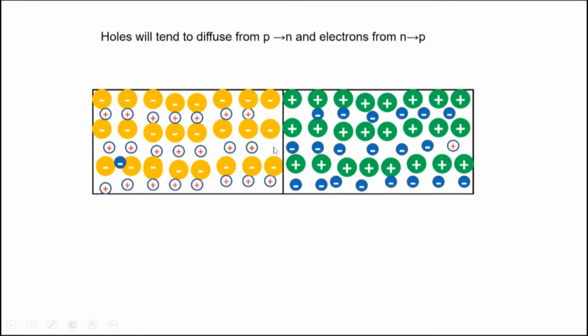Electrons will move from close to the boundary here, so these regions will first start getting charged up. They have lost their electrons, and these regions have lost their holes, so they start to get negatively charged.